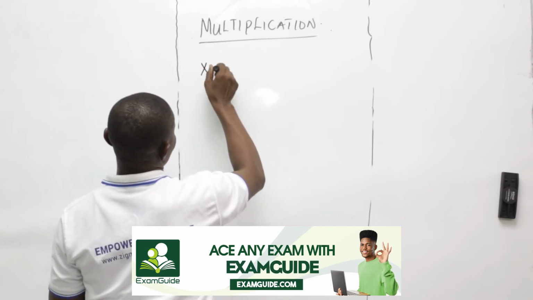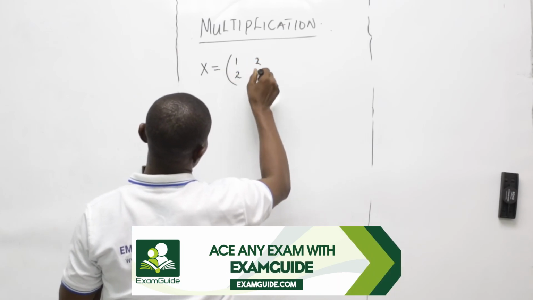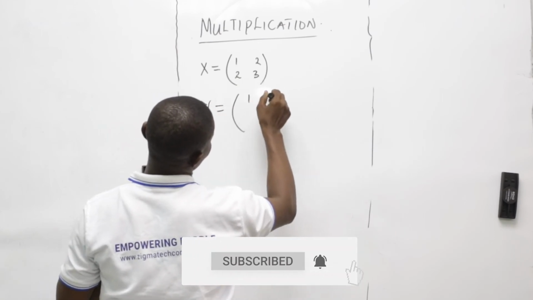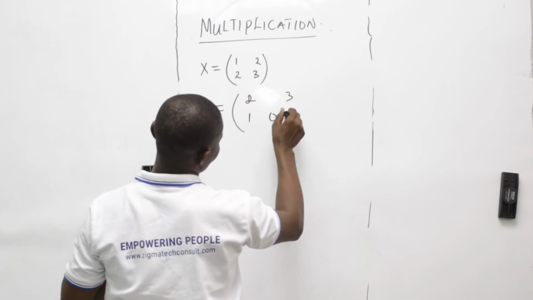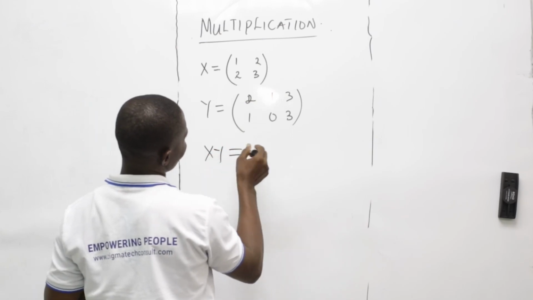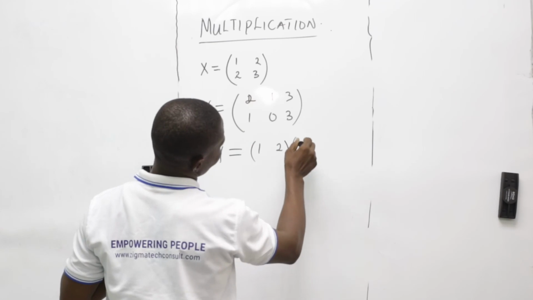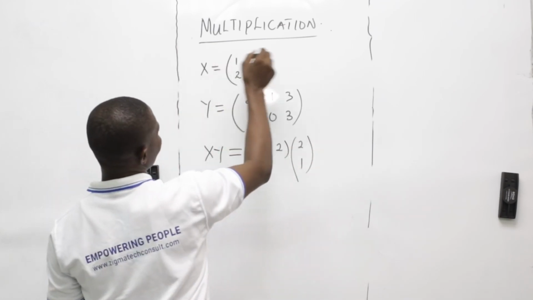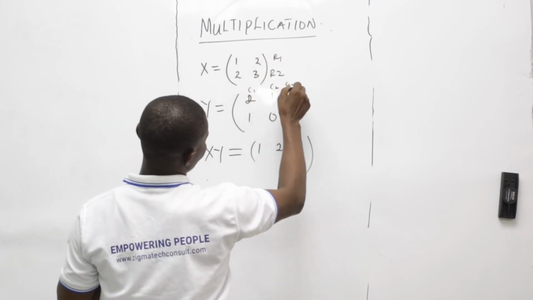If X equals 1, 2, 2, 3, and Y equals 2, 1, 3, 1, 0, 3, XY equals 1, 2, 2, 3 against 2, 1, 3, 1, 0, 3, that is row 1, row 2, column 1, column 2, column 3.